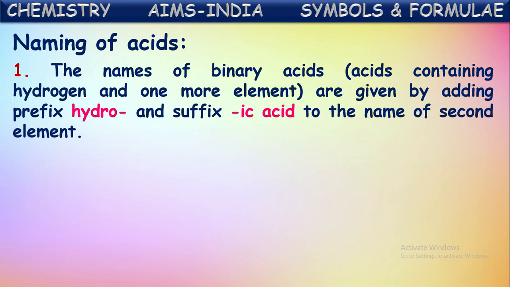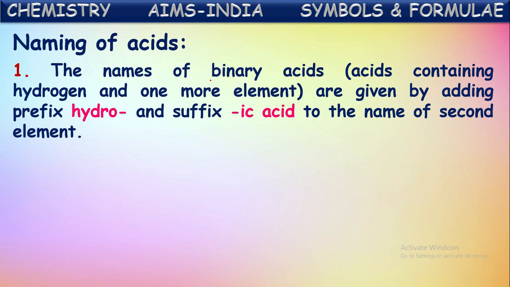Out of those two, one will be hydrogen. So the acids containing hydrogen and one more element are named as binary acids. The names of these binary acids are given by adding the prefix hydro to the non-metallic element other than hydrogen present in the compound.